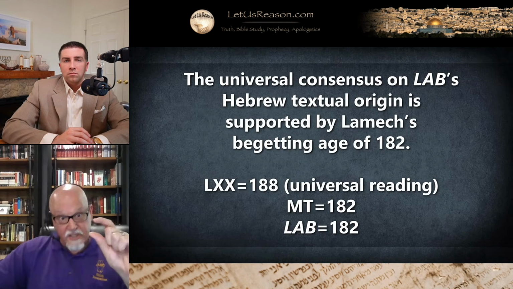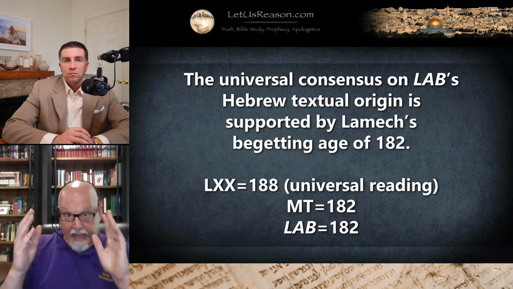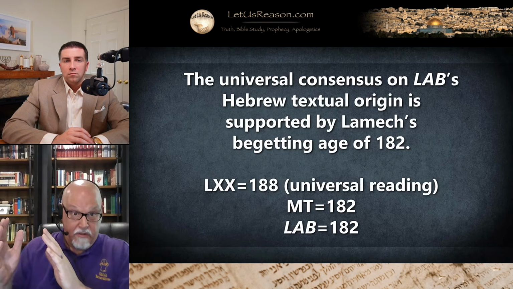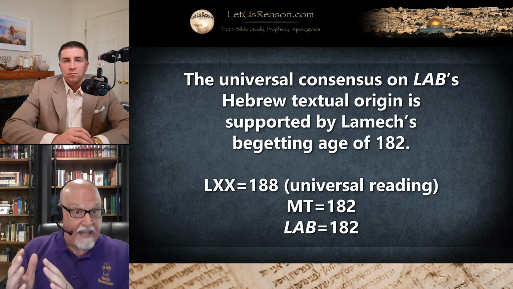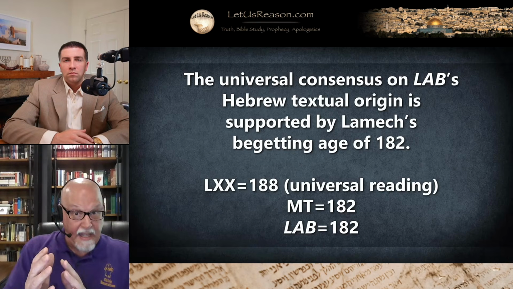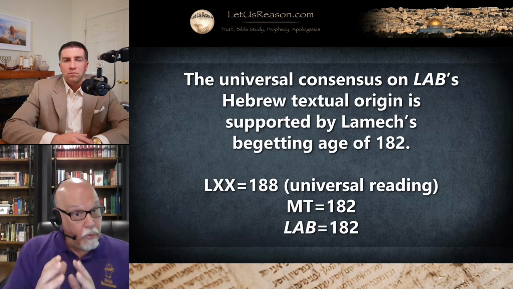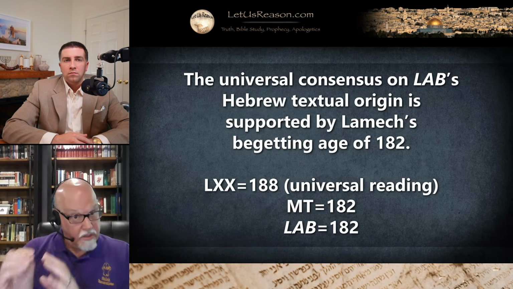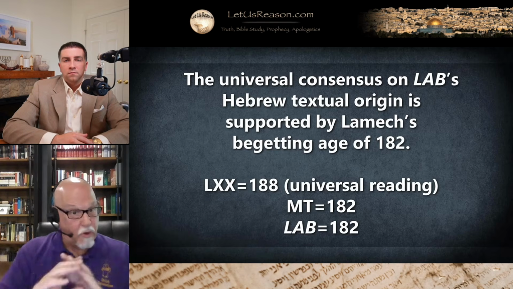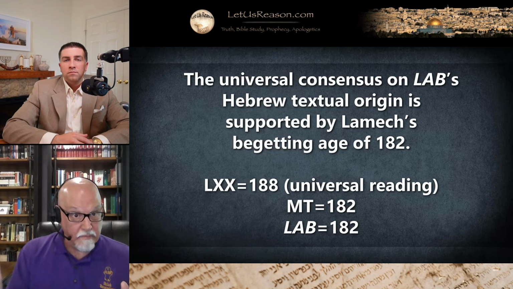One of the little pieces of evidence that comes out of this, that Lab did come from a Hebrew original, is Lamech's begetting age. Lamech's begetting age in Lab is 182 years. If you were taking these numbers from the Septuagint, you would have written 188, because all the Septuagint manuscripts have 188.